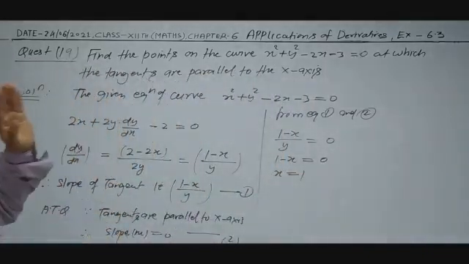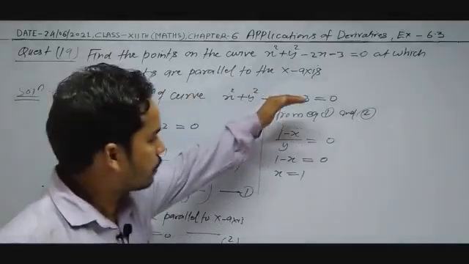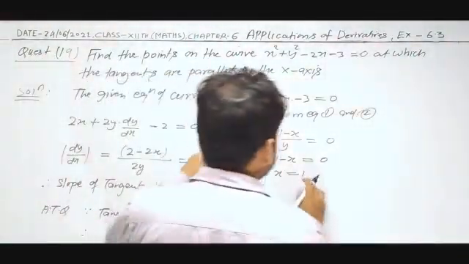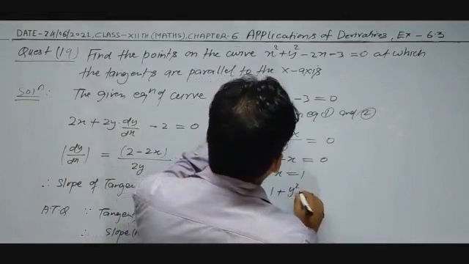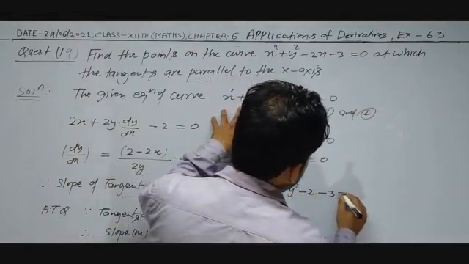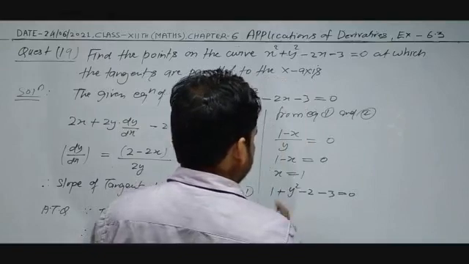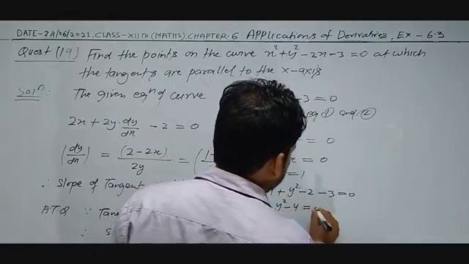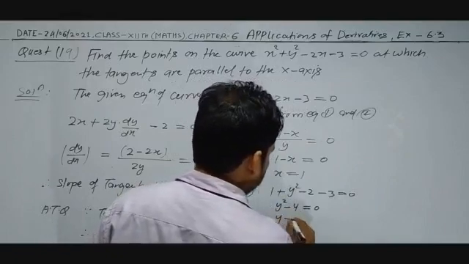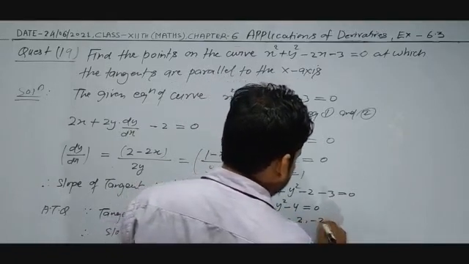And when you put x is equal to 1 in the given equation of curve, you will get 1 plus y square minus 2 minus 3, and this result is y square minus 4 is equal to 0. This implies y is equal to 2 and minus 2.